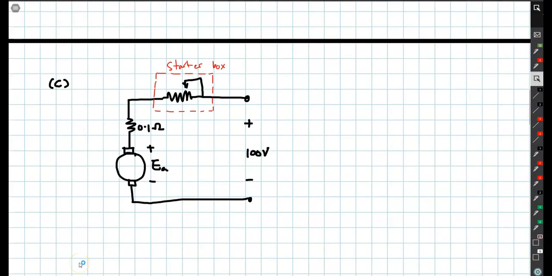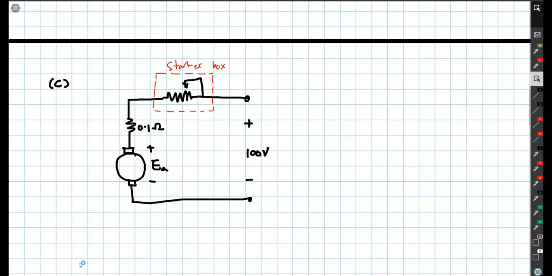So we need to determine the values of the resistances in the starter box such that whenever we change the position of the wiper of the starter box resistor, the armature current is limited to 100%, which is 100 ampere, to 200%, or 200 ampere, of the rated armature current.